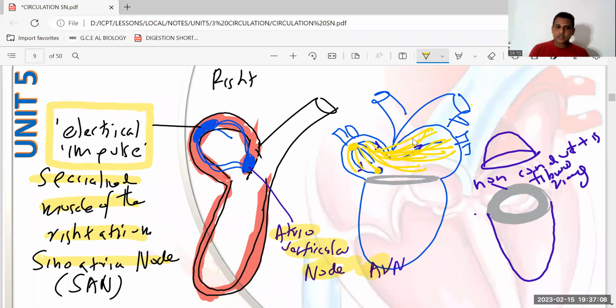The SA node generates an electrical impulse that spreads all over the atrium on the right side and left side. It is also going to the AV node. But then there is a fibrous ring around the ventricle and atrium which prevents this signal from moving to the ventricles. Okay, if that is the case, how is the signal going to the ventricles?